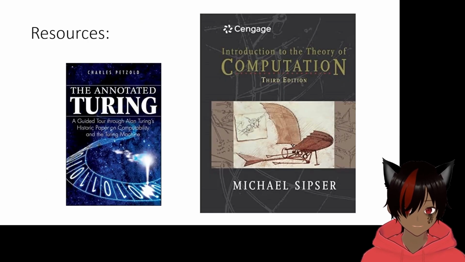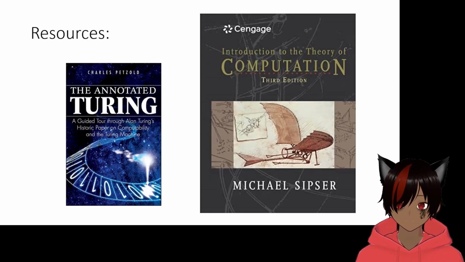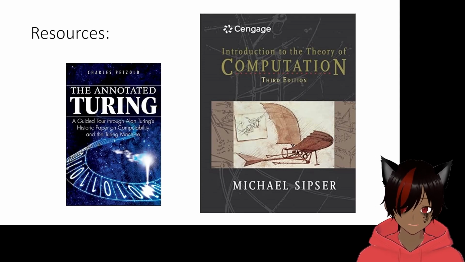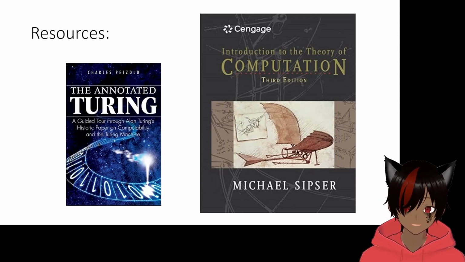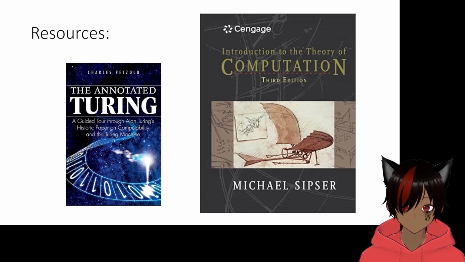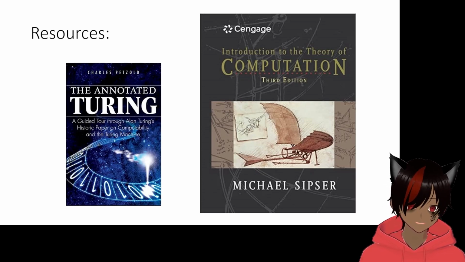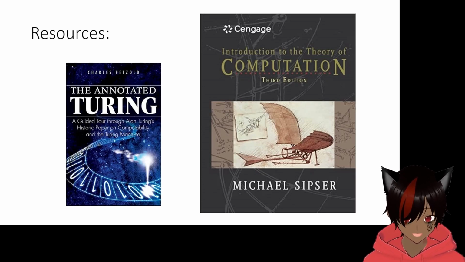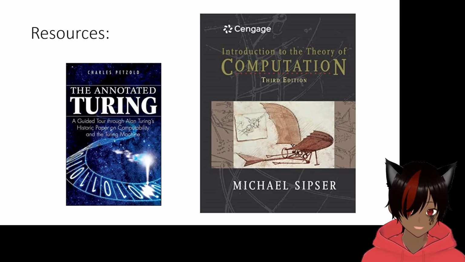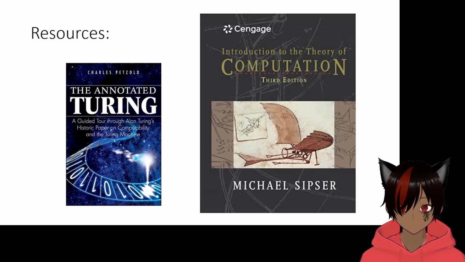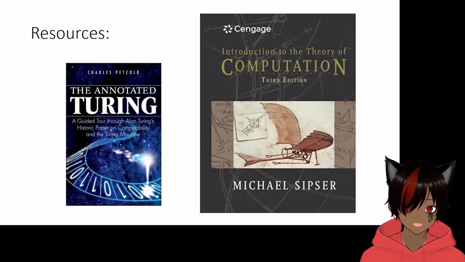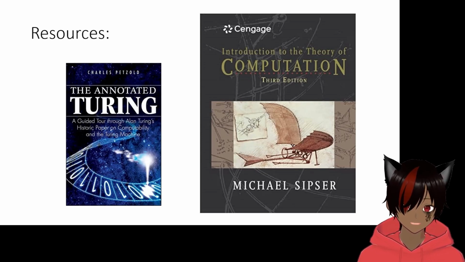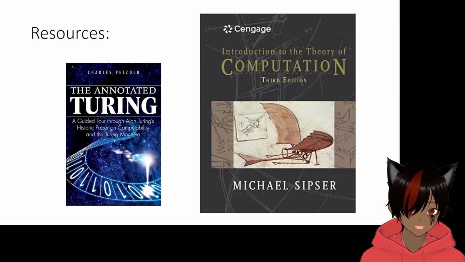So for resources, I think The Annotated Turing is a really fun read. It's a book that is really just annotations to the original Turing paper. And so you get to read Turing's own words, but with really helpful annotations that help you understand what he's really meaning.